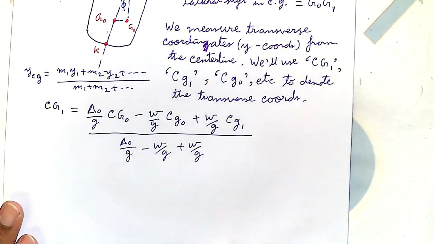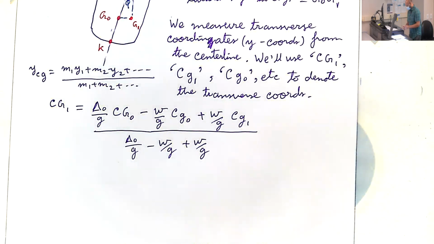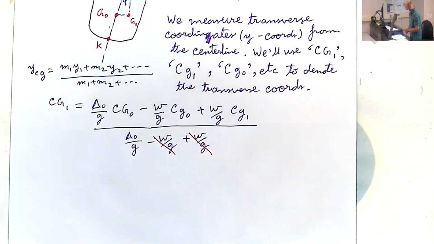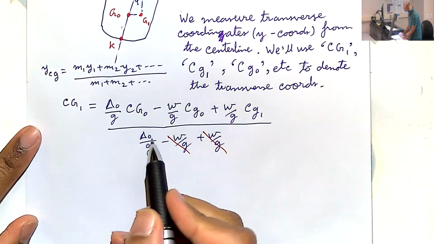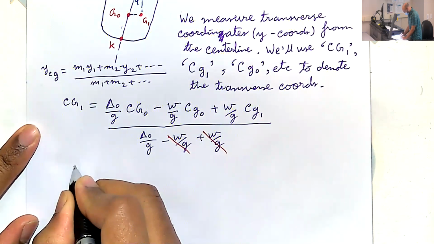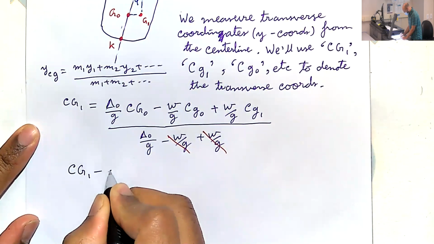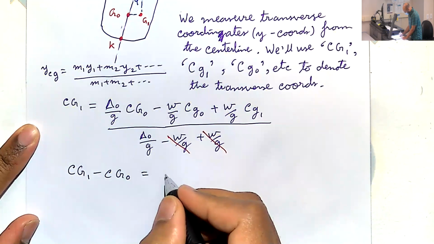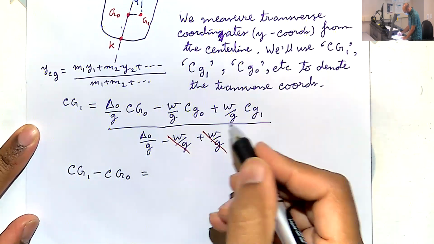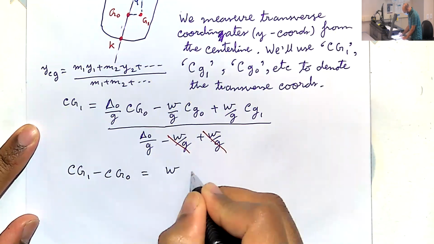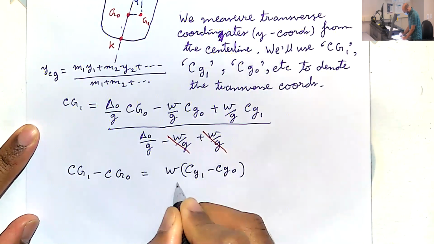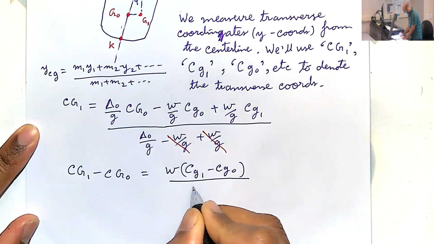All right. So these two go away. And when we rearrange this, we get CG1 minus CG0 is equal to W times (CG1 minus CG0) over delta 0.